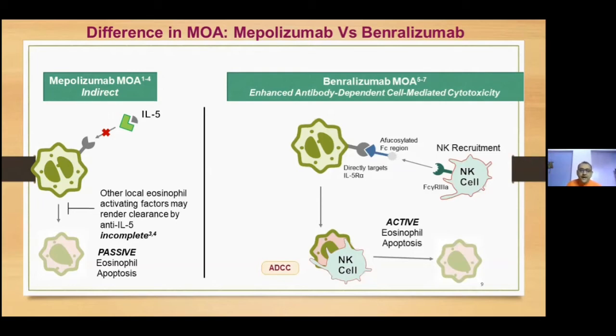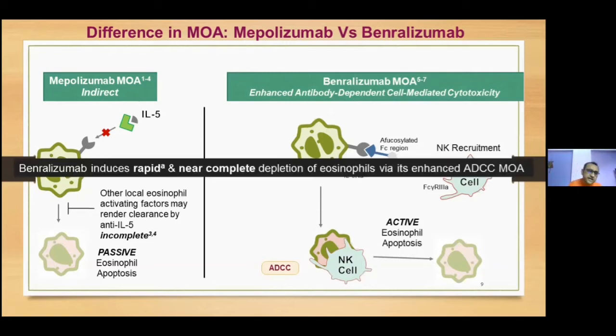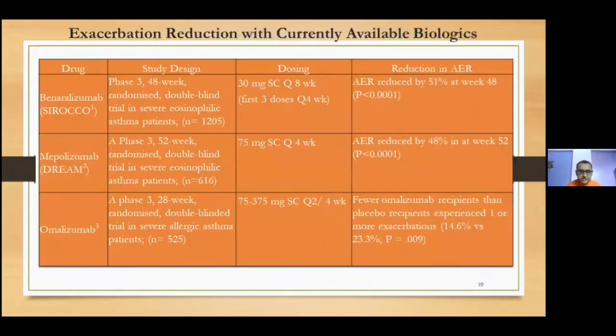So this is why benralizumab action is a little bit faster than mepolizumab or reslizumab. Apart from that, benralizumab also recruits natural killer cells, and that causes the apoptosis of the active eosinophils. So benralizumab induces a rapid and near complete depletion of eosinophils because it enhances the antibody dependent cell mediated cytotoxicity.